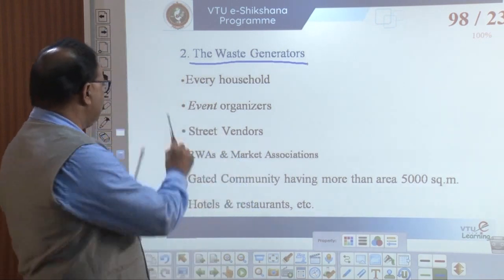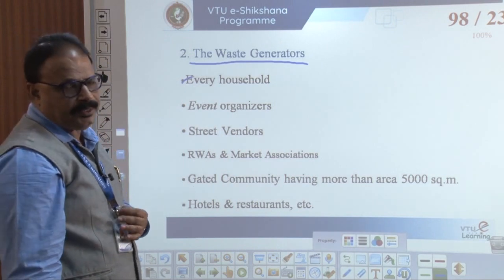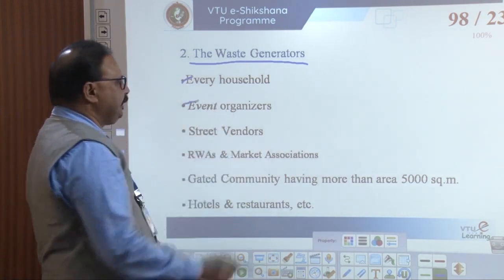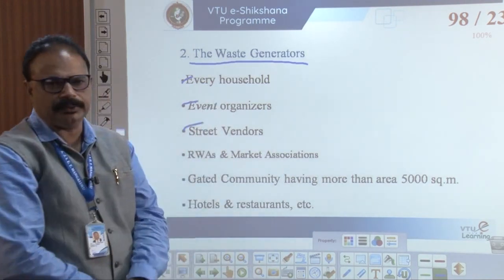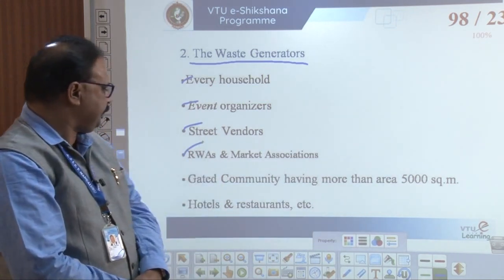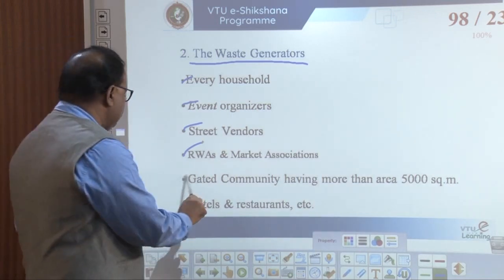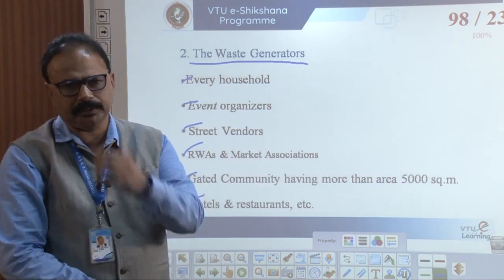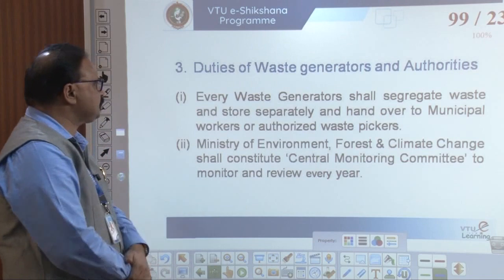See, one by one: every household, where there is a house and residential area; event organization; street vendor; market association; gated community more than 5,000 square meter; and hotels and restaurants. These are the waste generators, one by one.